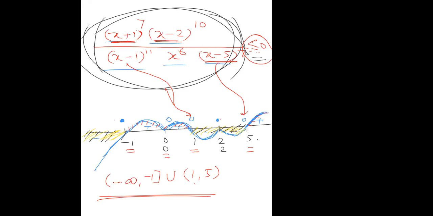Close bracket in the numerator part: if there is an equality sign, then it will be closed. But the denominator part is always open. So 1, 0, and 5 are always open, but minus 1 and 2 are closed because there is an equality sign. Okay, sir, got it.